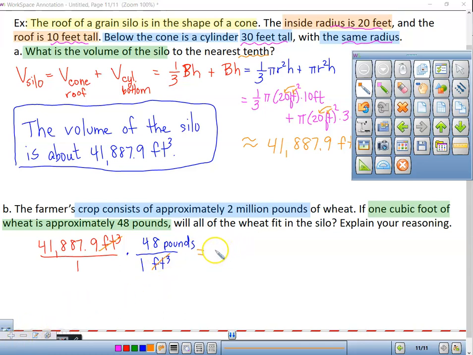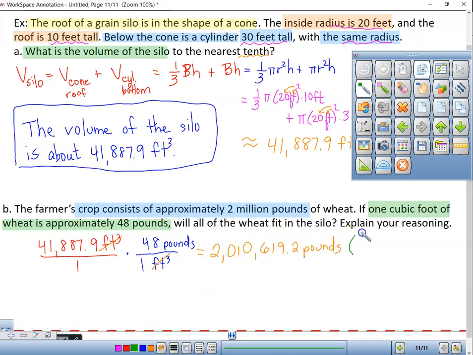All right, so hopefully you came up with this number. I have 2,010,619.2. And now my units are in pounds. So now I can do a comparison. So this, remember, is my silo.